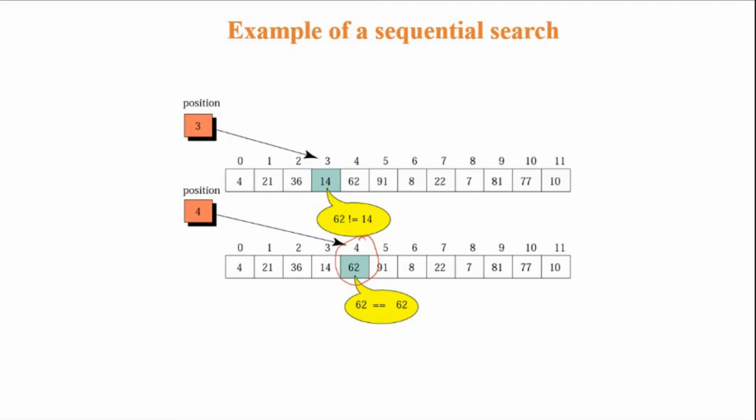The index is 4 and the location is 5, because the location count starts from 1, 2, 3. This is the first location, second location, third, fourth, and fifth. But the position is the 0th position, first position, second position, third position, and fourth position, or the index. Index is also 0, 1, 2, 3, and 4. So at the fourth index, we find the value 62.